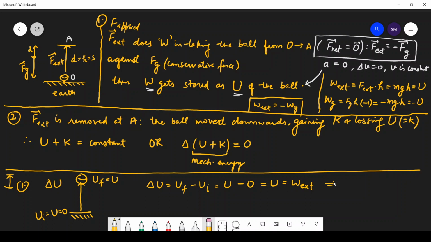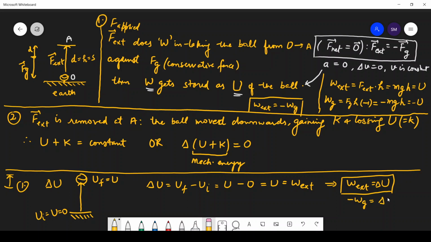So it means that the work done by the external force is equal to u, is equal to delta u. And as the work done by the gravitational force is just opposite, work external is equal to minus Wg.